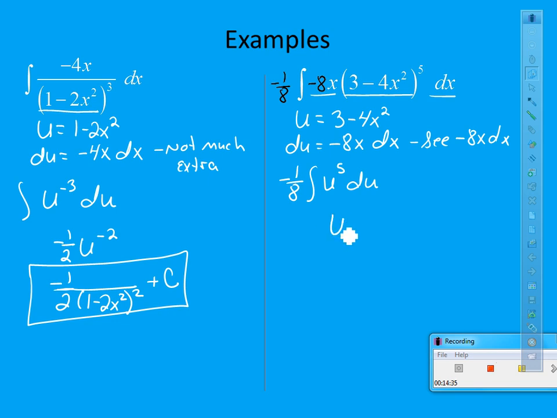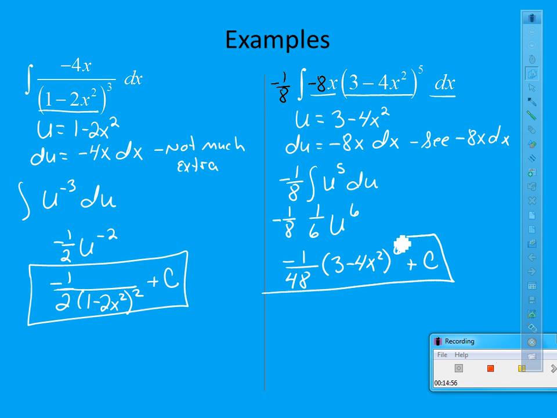So let me add 1, multiply by the reciprocal, and I still have negative 1/8 out there. Now when I go get my answer, negative 1 over 48, u, which happens to be 3 minus 4x squared, to the 6th, plus c, and then boom, I got my answer.